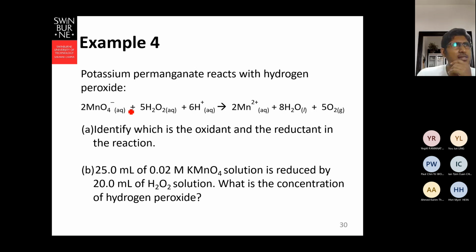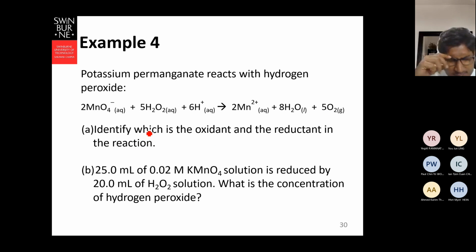What is that called? That Clorox. What do you use it for? Okay, I forgot anyway. So for this reaction, manganese tetroxide, hydrogen peroxide, and it's producing manganese and water, and of course oxygen gas.